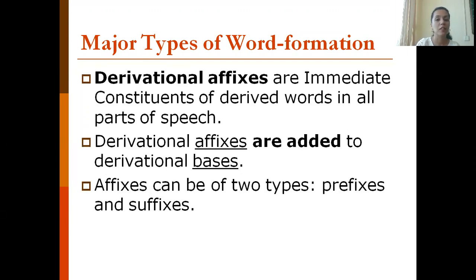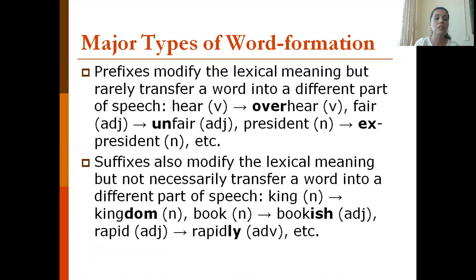Derivational affixes are immediate constituents of derived words in all parts of speech. Derivational affixes are added to derivational bases. Affixes can be of two types, as we have mentioned before. They are divided into prefixes and suffixes. Prefixes modify the lexical meaning but rarely transfer a word into a different part of speech.